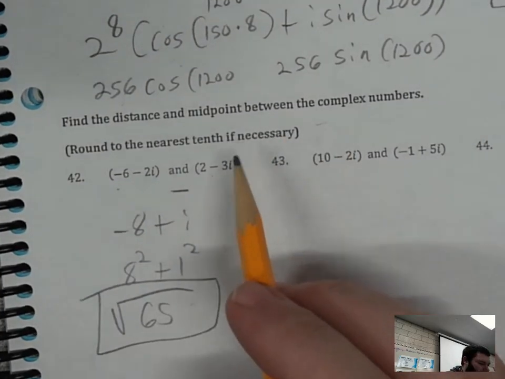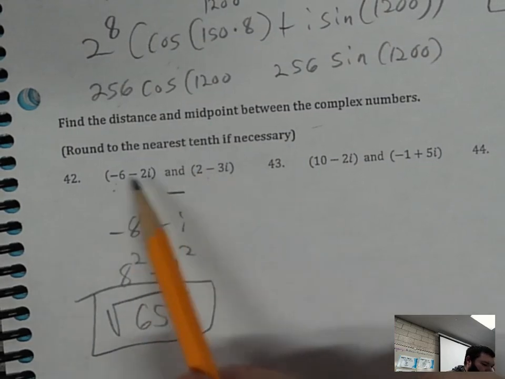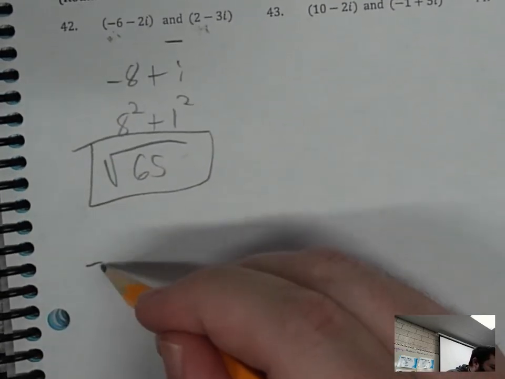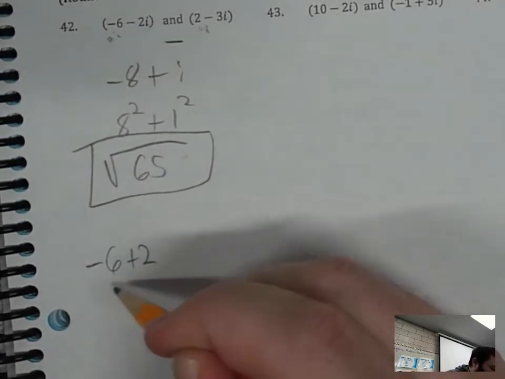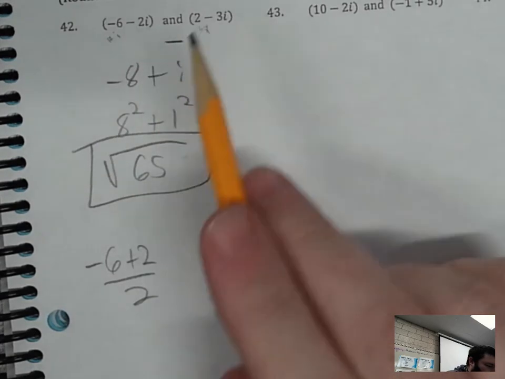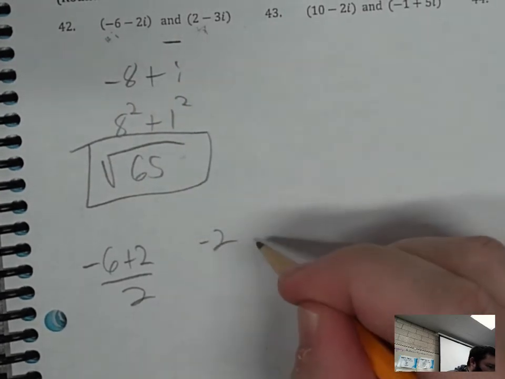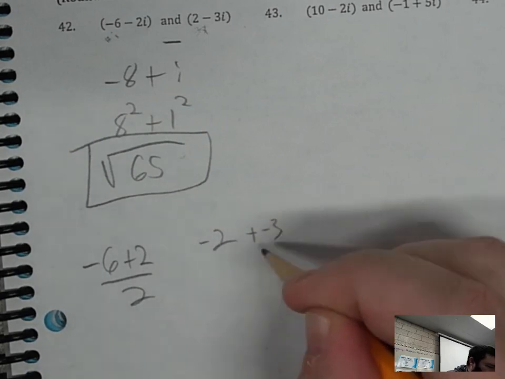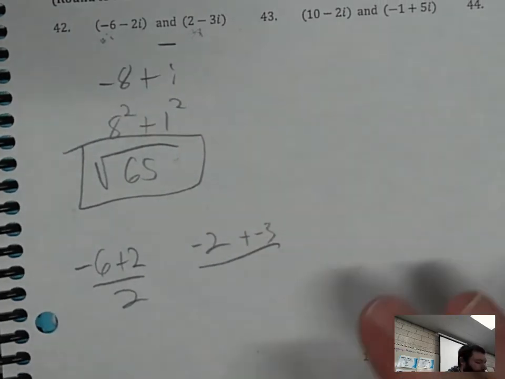And then the midpoint is going to be, you average the real numbers together. So negative 6, and I'll write it down here. Negative 6 plus 2 divided by 2. And you do the same thing with imaginary numbers. So negative 2, well, plus negative 3, because you're always adding them. I'll put the plus there just so you know.